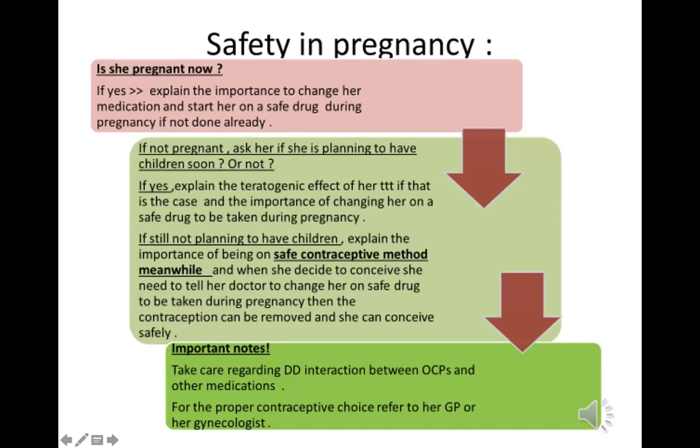If the surrogate was a female in the history taking station, don't forget to take gynecological history. All right. So safety in pregnancy, you have to ask yourself, is she pregnant now? And you have to ask her too, of course. Is she pregnant now? If yes, let's say that the given disease to you in the task card was to explain rheumatoid arthritis.